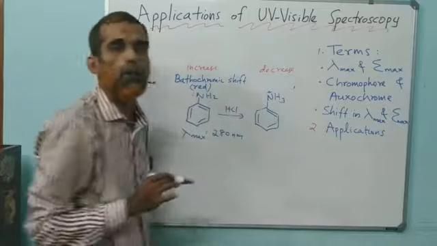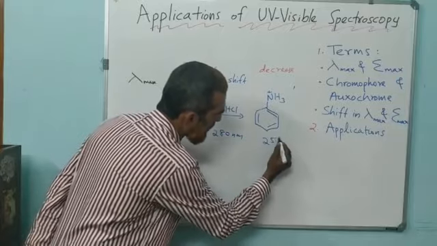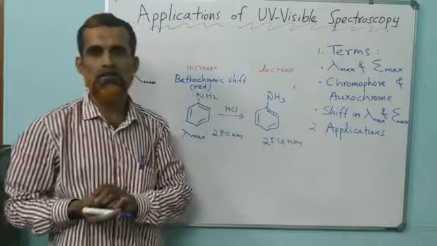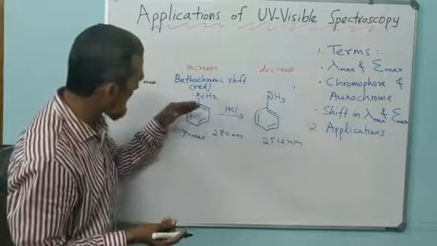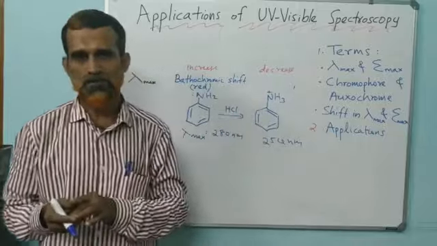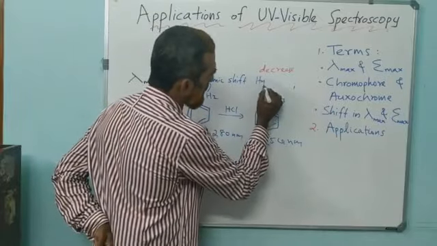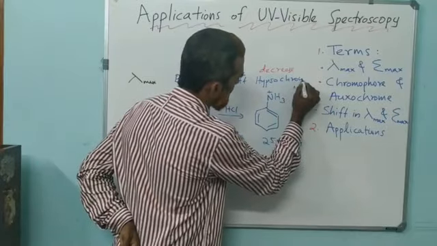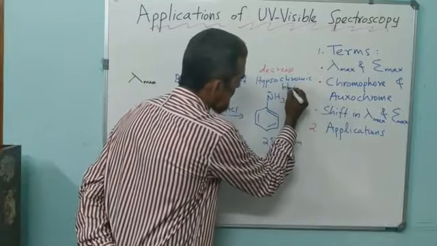Now there is no more lone pair. Interestingly, the lambda max value of this compound is found to be 254 nanometer. What happened? From aniline it has decreased, because lone pair is no more there. So the extended conjugation is lost and lambda max reduced. This phenomenon is known as hypsochromic shift. The opposite, hypsochromic shift, or otherwise called blue shift.